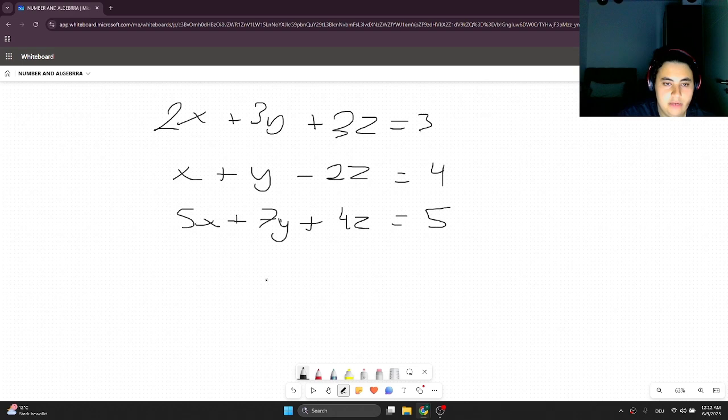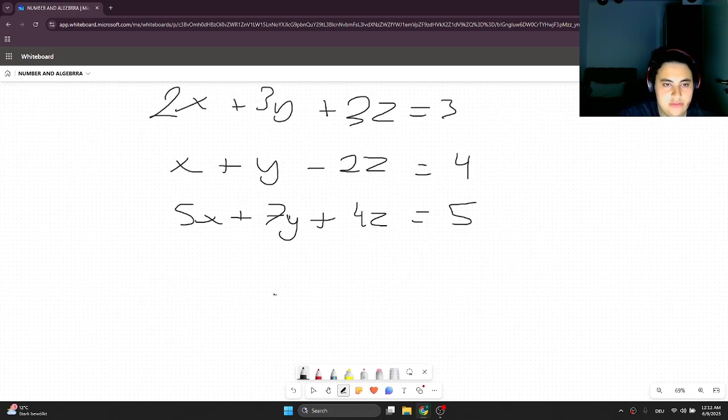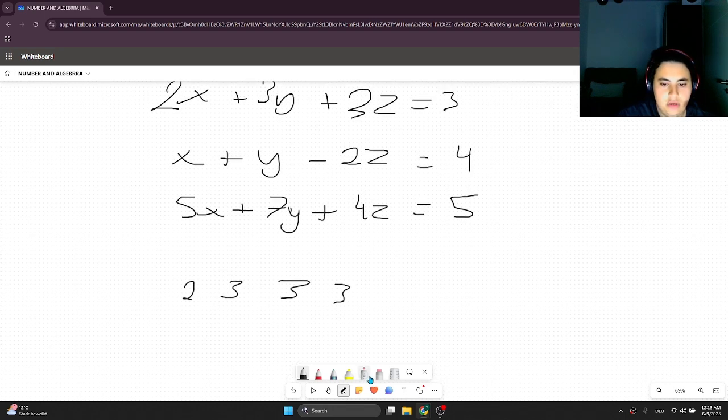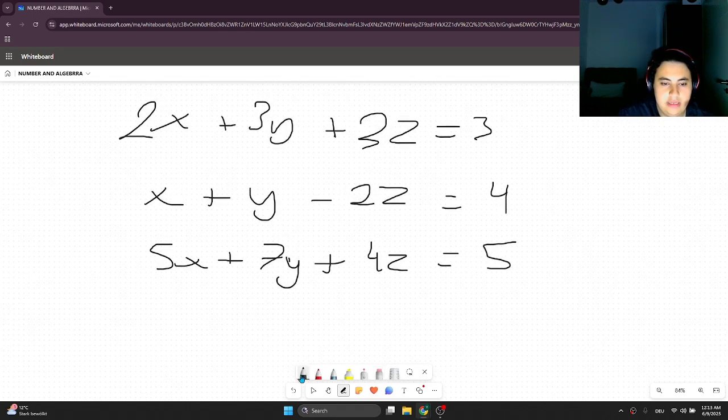Okay, so now we're going to put this into a matrix, right? First off, before we do that, like I said in the first question, when the coefficient of x is 1, I like to have that in the first equation.